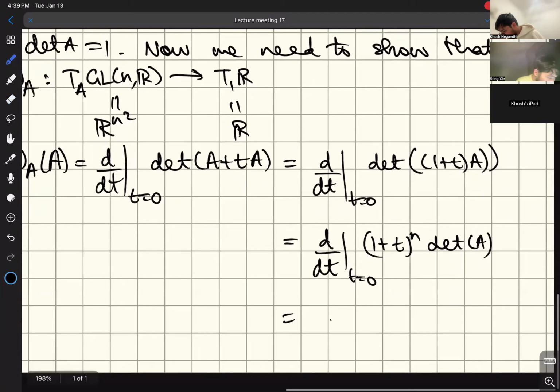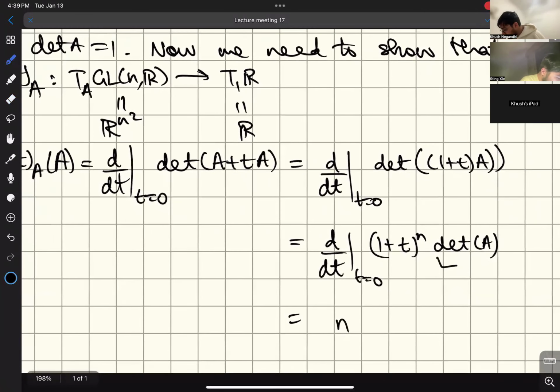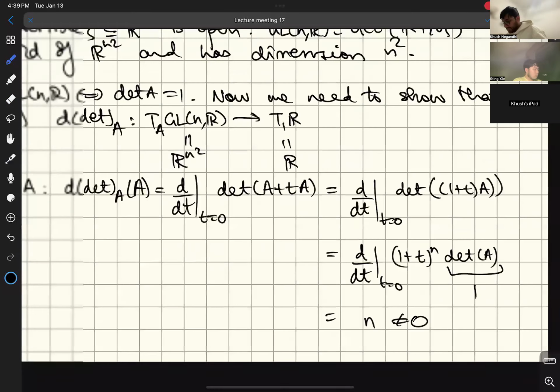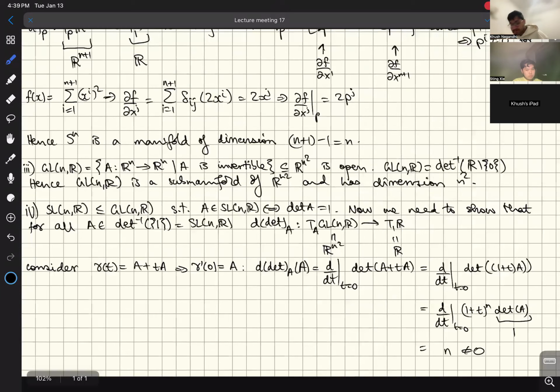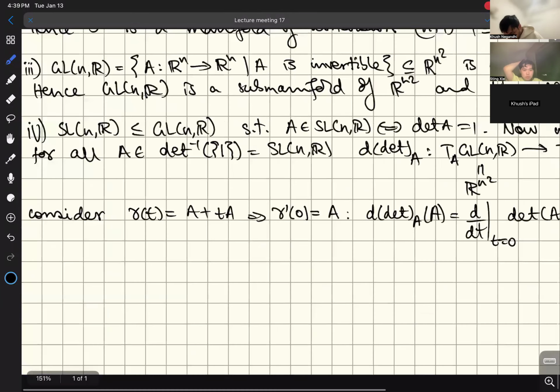This is just n, because remember, the determinant of A is 1. But n is not equal to 0, and since it's not equal to 0, this differential must be surjective.